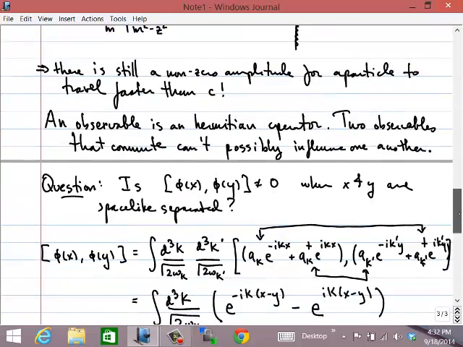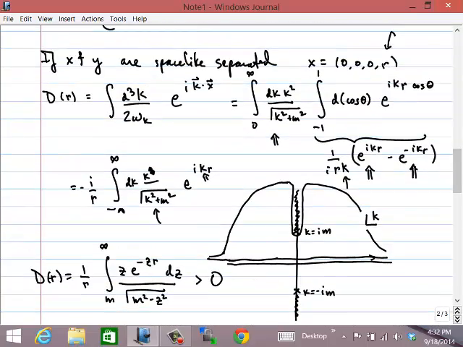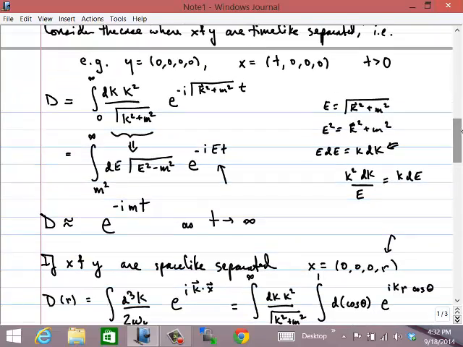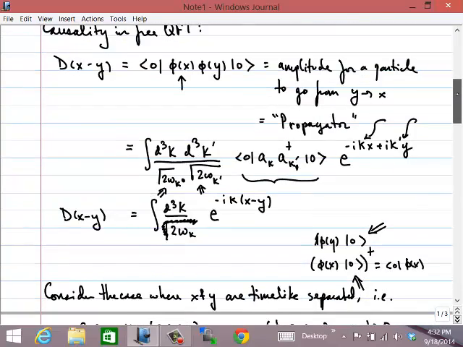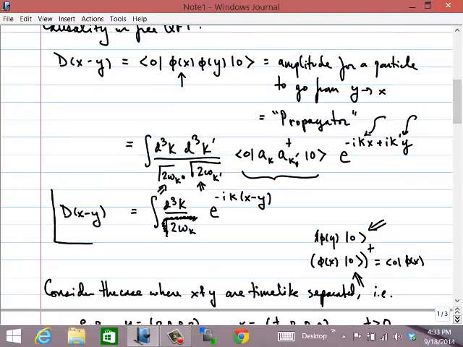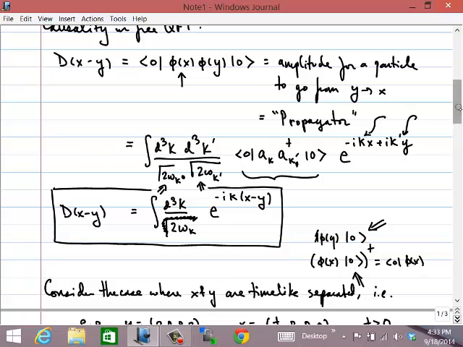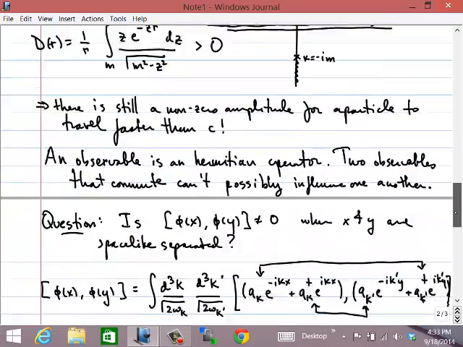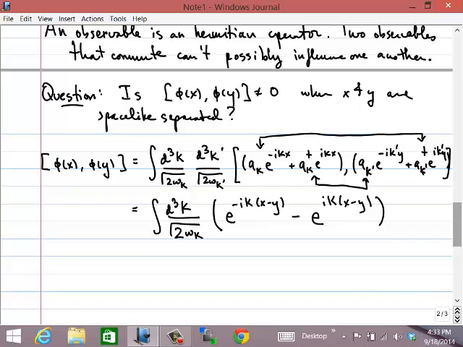If we compare that to our expression for the propagator, the propagator is the integral of e^{-ik(x-y)}. You see that this commutator is the difference between the propagator to go from x to y and the propagator to go from y back to x.